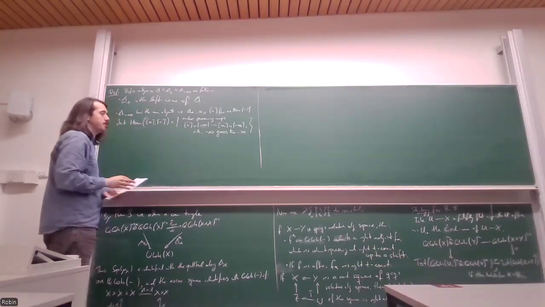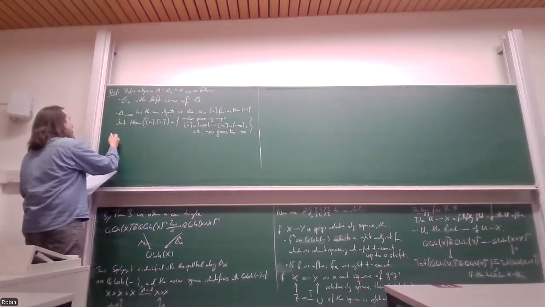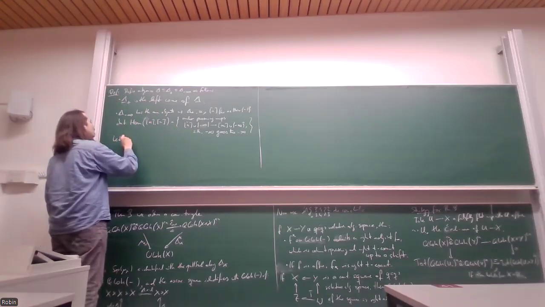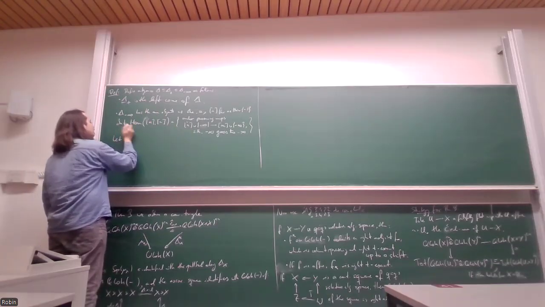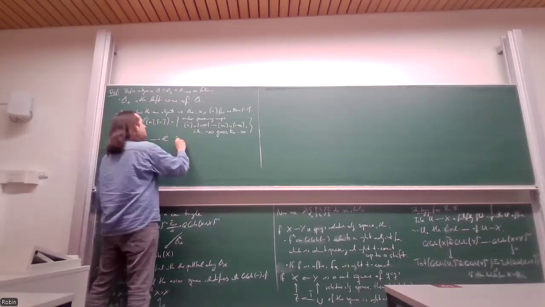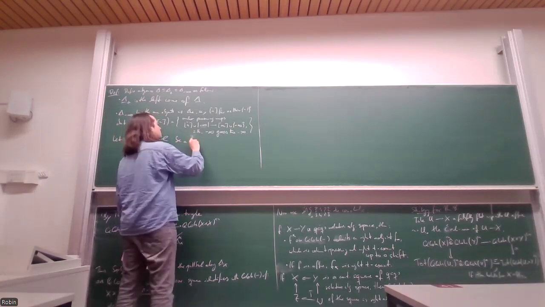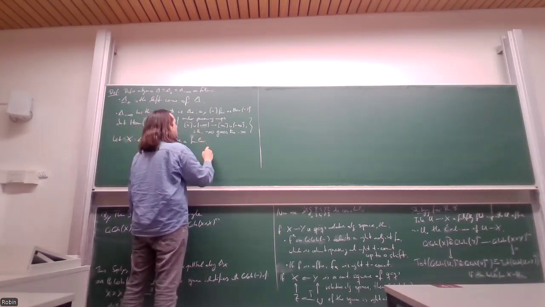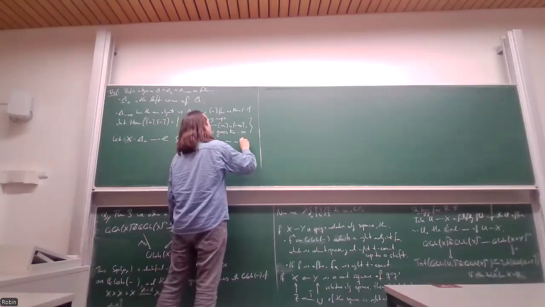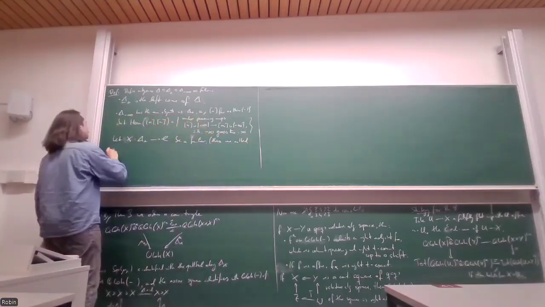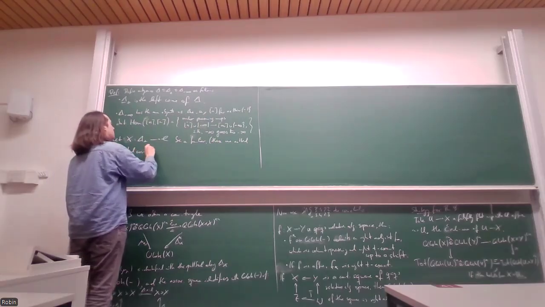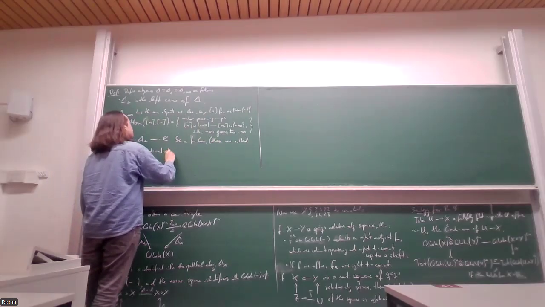A map out of this. And because of this, let this be a functor. These are called augmented cosimplicial objects.